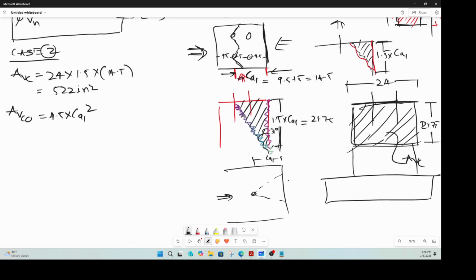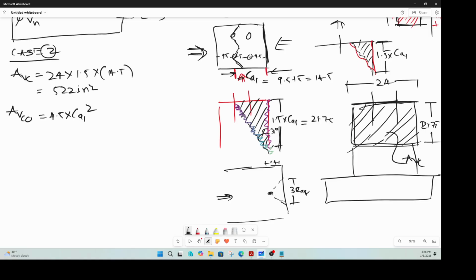Let me draw it a slightly better way. So that's your concrete. So this is CA1, right? So 1.5 CA1, 1.5 CA1, that is 3 CA1 in that direction, right?